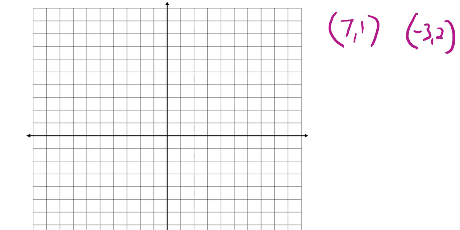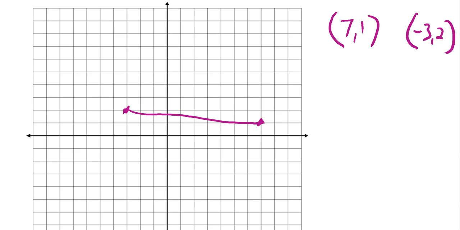This question, 7, 1: 1, 2, 3, 4, 5, 6, 7, 1 is right here. And then -3, 2: 1, 2, 3, 1, 2. Those are your 2 ordered pairs, so I'm going to put a segment in between them. Oh, that's a bad segment. Kind of far apart, so it looks something like that.